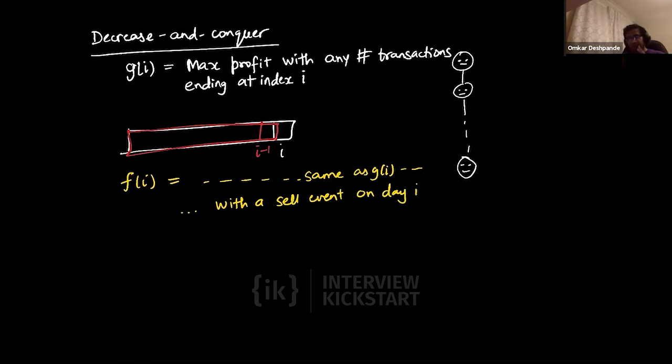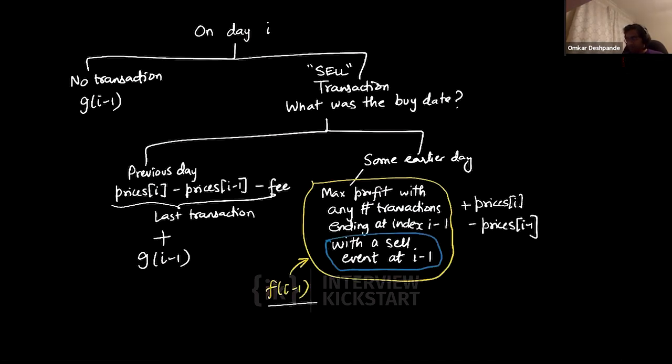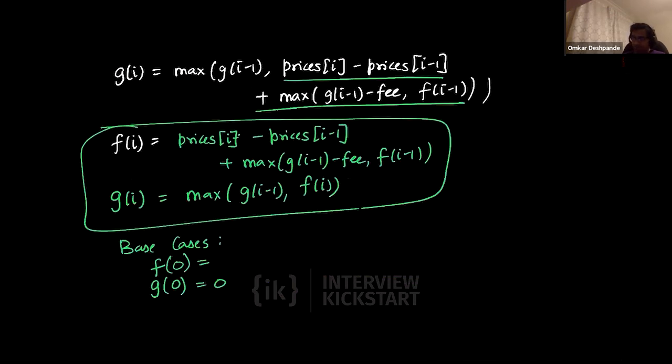But here, because every transaction is associated with a fee, we need to think carefully about whether f of 0 should be 0, or whether a fee should be charged for f of 0. In other words, should it be 0 or should it be minus whatever the fees are for a transaction?